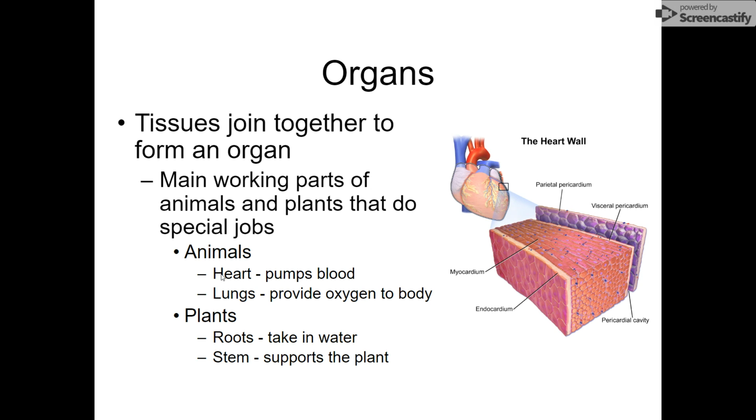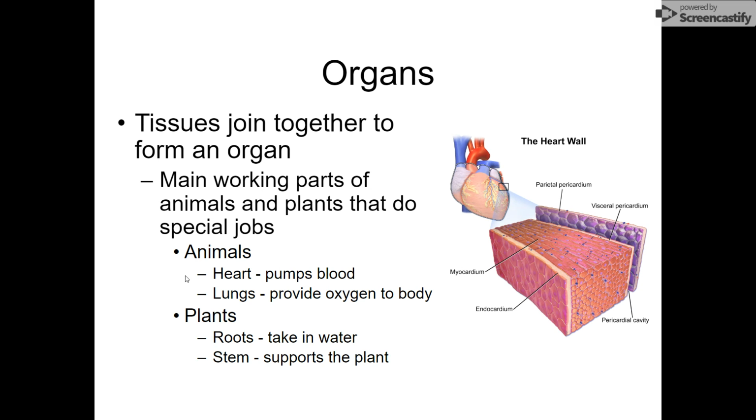Animals have heart cells that make heart tissue, or cardiac tissue, which combines together to make the heart, which is the organ. The heart's main job is to pump blood. The lung cells make lung tissue, which makes the lung organ, which are lungs that help us breathe in oxygen and get carbon dioxide out of our body.